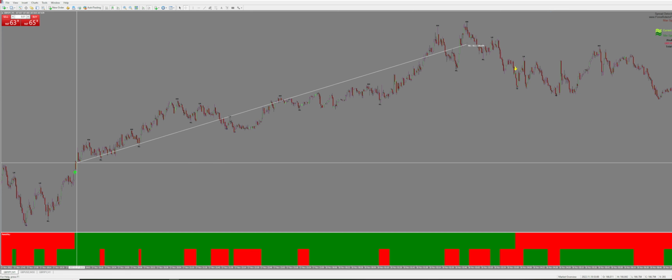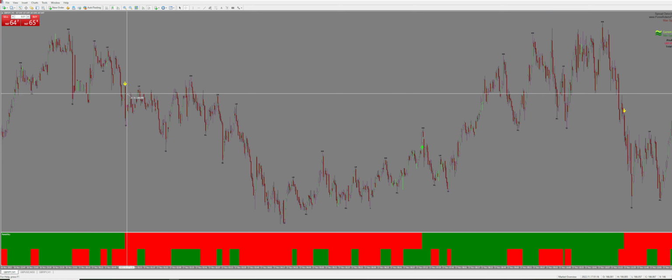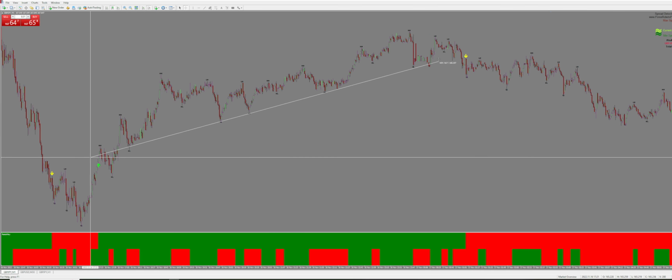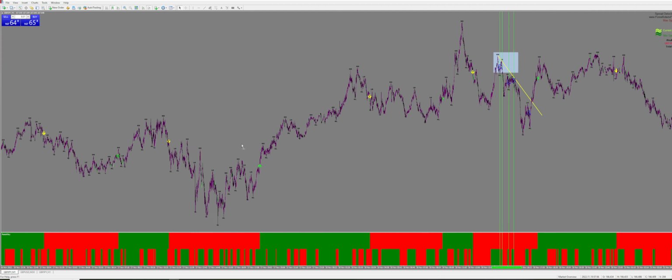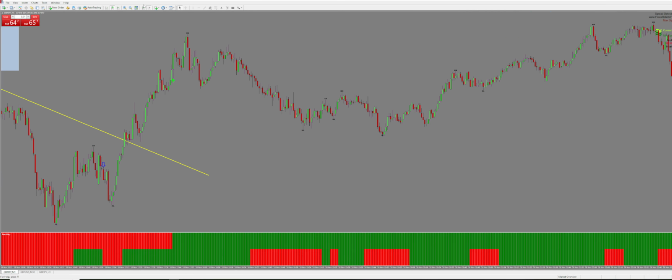This bull was so rich because it took out so many highs along the way. Similar here, all these sell trades here, this is profit all the way. This buy mode was good too. This bear trend was good. So you can easily come to this market on any given day and catch some good pips before the market decides to make a fool out of you.